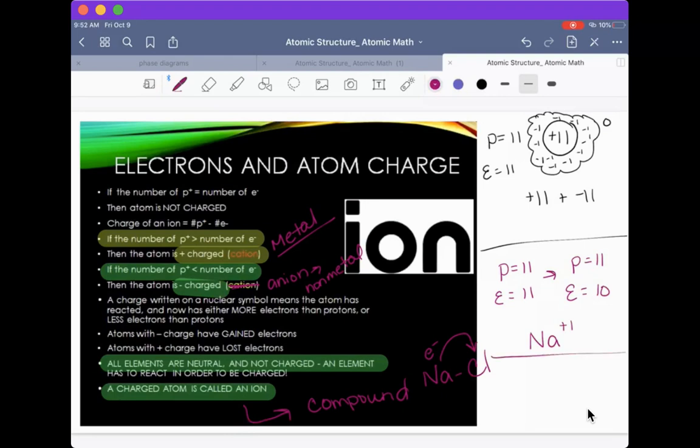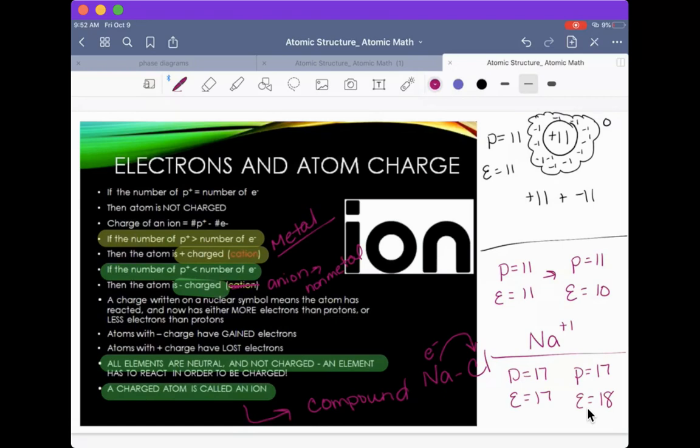And then our chlorine, what happened to that? Chlorine, in its neutral elemental form, has 17 protons and 17 electrons. When we bonded it with sodium, it took in an electron, so it gained an electron. It went from having 17 electrons to now 18.